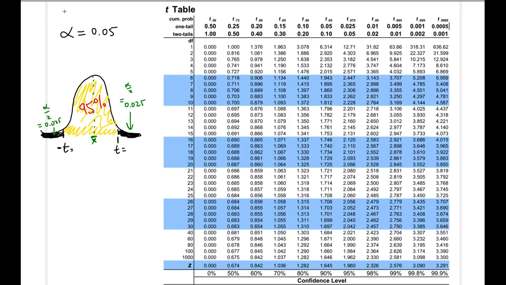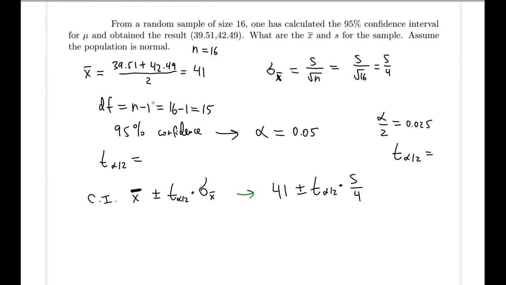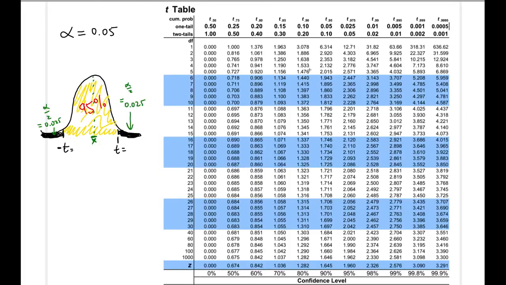Now, the next thing is to figure out where in this column is your value. Now that you found the right column, where in this column is the right value that you need to copy down? Well, that's where the degrees of freedom comes into play. Notice that we found the degrees of freedom to be precisely 15. So if we're in this column, we're going to find 15, and that's going to be this row right here.